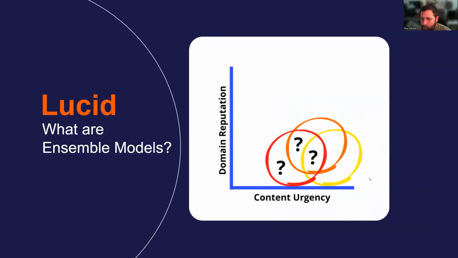Now, what are ensemble models, and what is the next problem we're talking about? So let's say we have a lot of different models. Some of them look for hot, cold. Some of them look for urgency, reputation, lookalike. There are a lot of aspects you can try to look for in cybersecurity, or actually probably any domain. And what happens when you have a lot of models? How do you decide?